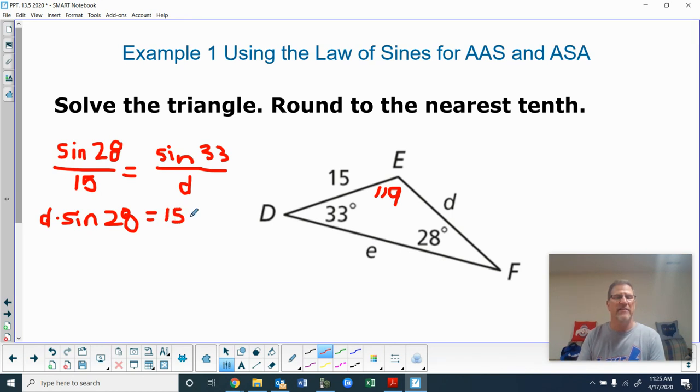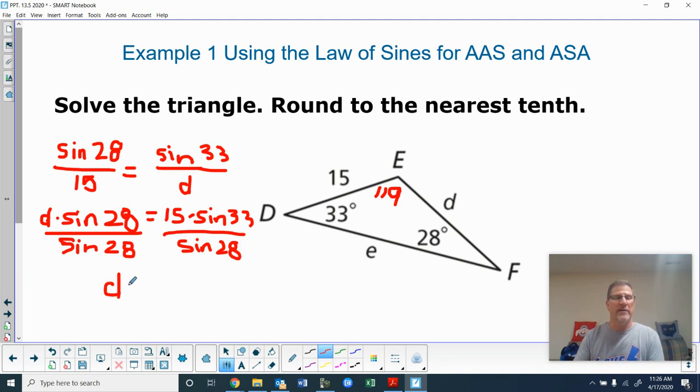And you guys might have had this in geometry, so hopefully this is review for you. And then I'm just going to divide by the sine of 28 on both sides to solve for D. So I'm going to put that in the calculator.